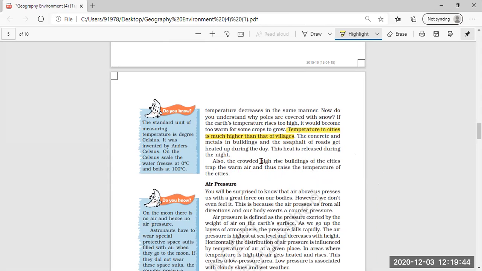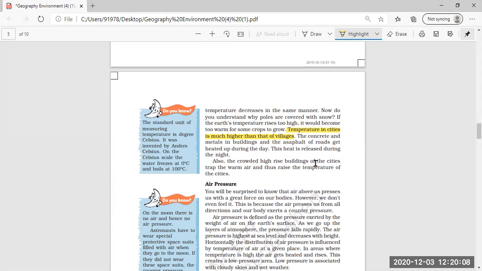That means during the day, the concrete and the metals of which the buildings are made, and even the material used to make the roads, become heated up very fast, and that is why the temperature in the city is much higher than in the villages.